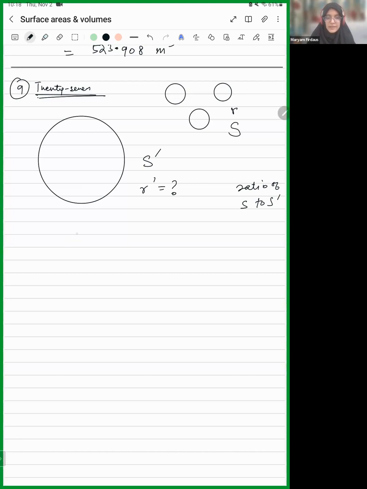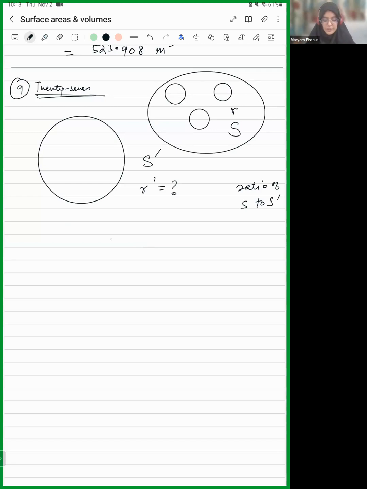See, you have 27 spheres. First of all, they're telling you the surface area, but the thing is, the volume of these, let's say you collect all of the 27 spheres. You are melting them and you're making it into a new sphere. The volume of 27 small spheres is going to be the same as the volume of that one big sphere, right?